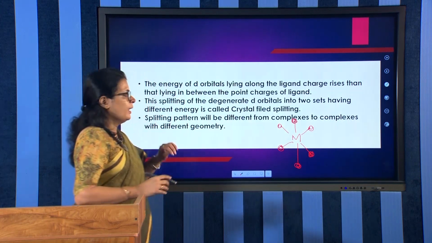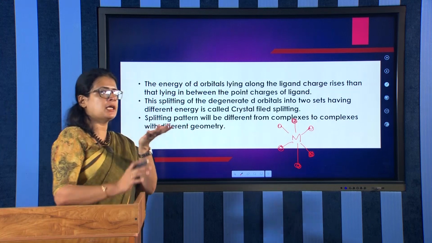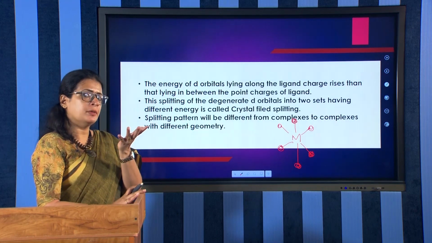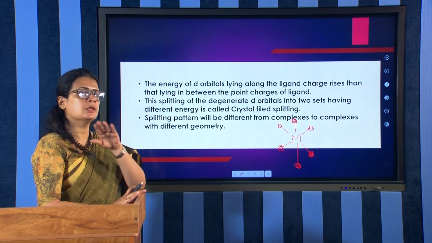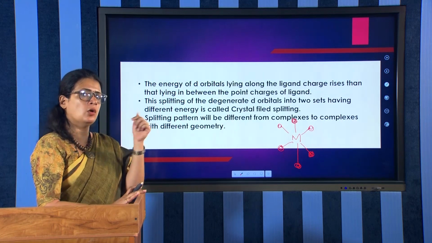The central metal atom has 5 different d orbitals, 3 of them having their lobes in between the axes, 2 of them having the lobes along the axes.